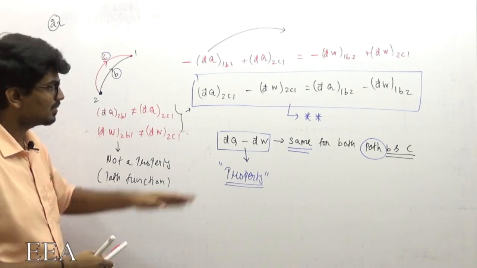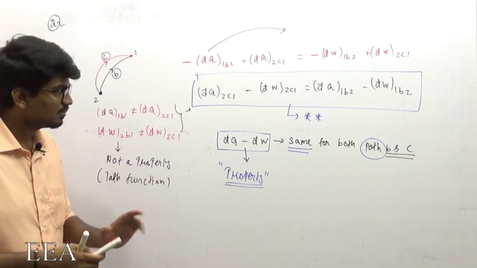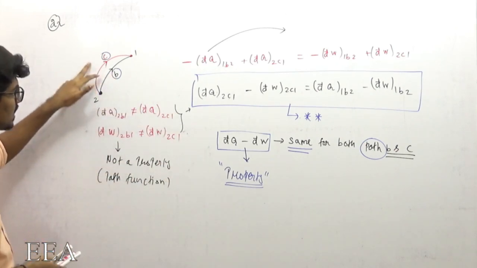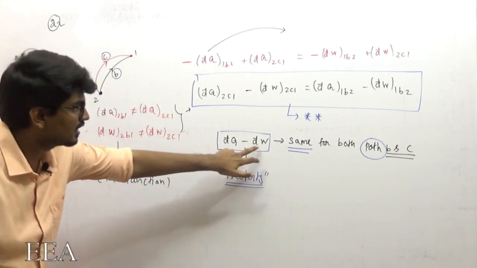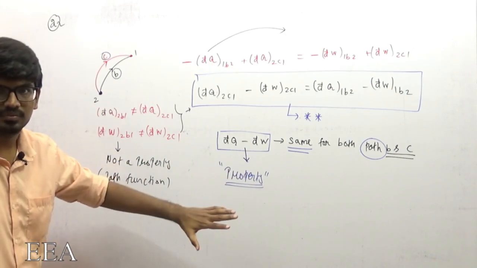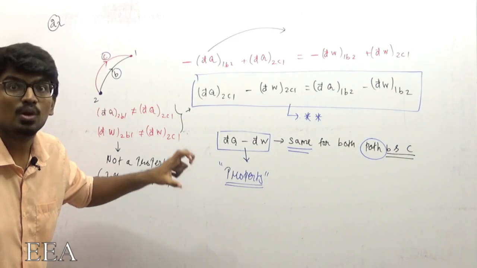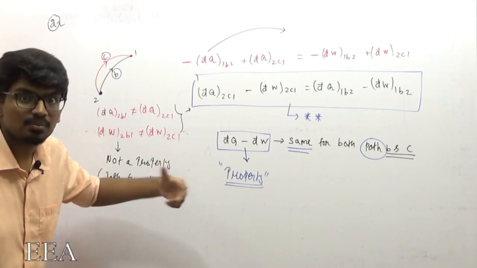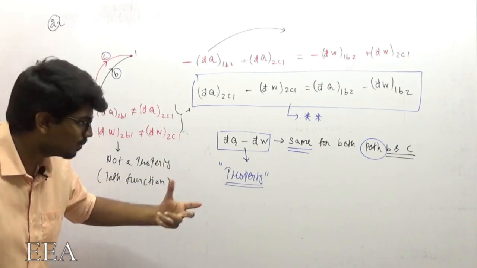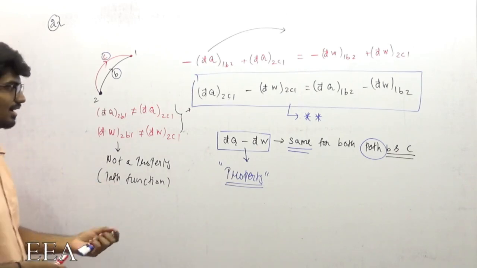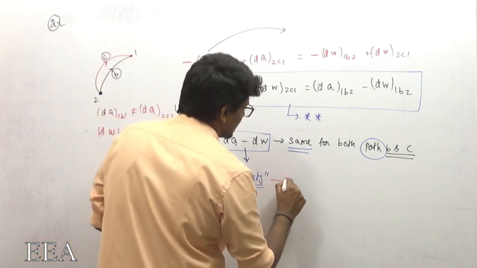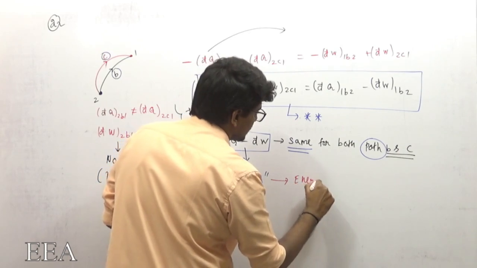So how am I saying that it is a property? Very simple. Even if I vary the path, the difference of these two is not varying, which means it doesn't depend on path, it depends on point. If it depends on point, obviously it is a property, and that we will call energy.